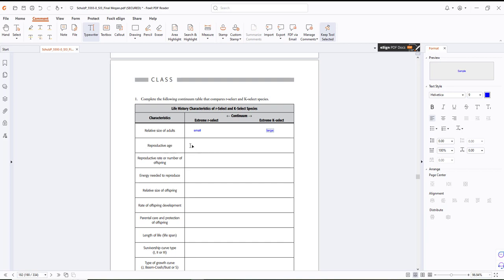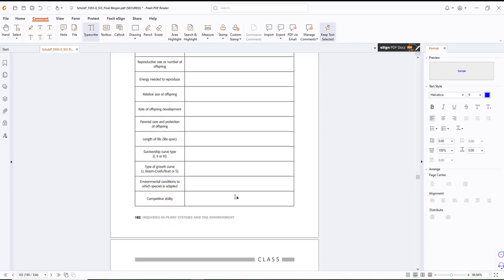Reproductive age: the extreme R select tend to be very young when they start reproducing, whereas an extreme K select would be relatively old when they start reproducing. That's how you're going to fill out this chart: one side the extreme, and the other side the extreme. Just one word answers is all you need.